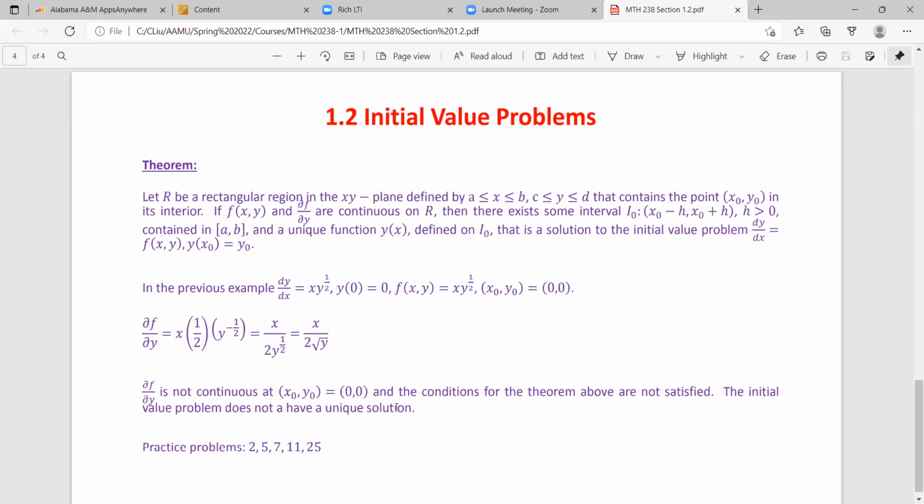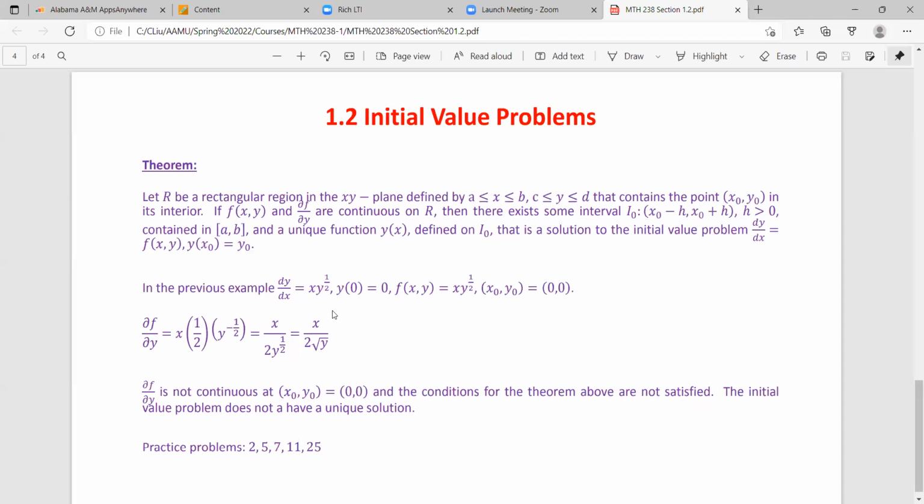So that means the problem does not have a unique solution. And we do know there are 2 solutions: y equal to 1 over 16 x to the 4th, and y equal to 0. Both are solutions to the problem.